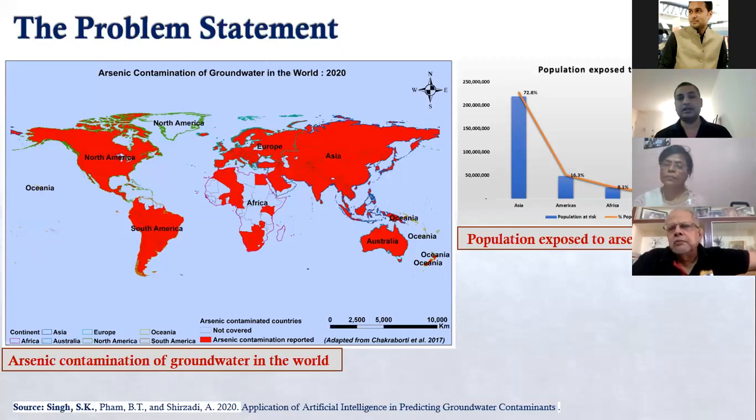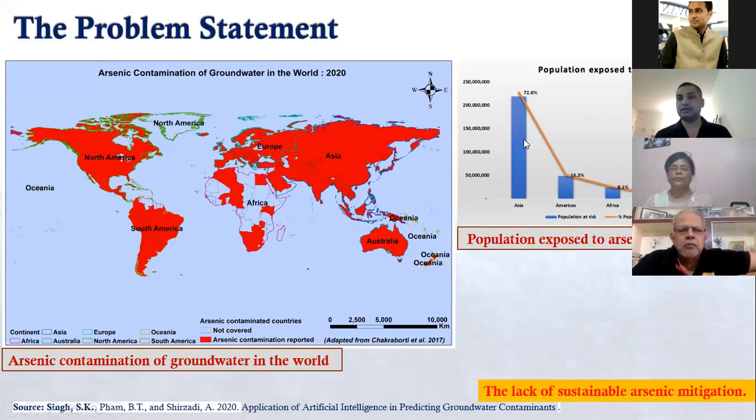Now it's 109 countries whose groundwater is contaminated with arsenic. And if you see the potential population exposed to arsenic, nearly 300 million people are potentially exposed. And you can see Asia is the hardest hit.